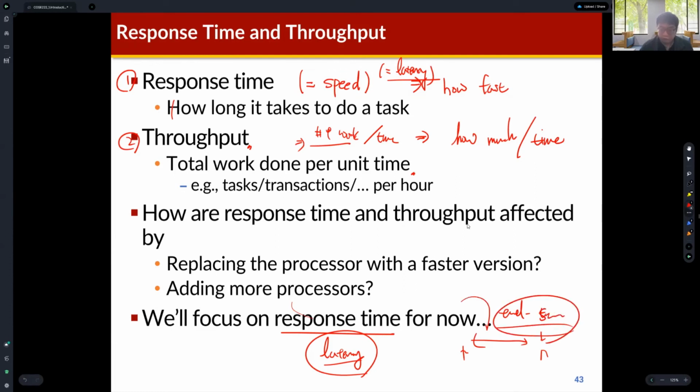So we just focus on this response time, the elapsed time, and this elapsed time is called latency. We will focus on this latency of a computer processor.